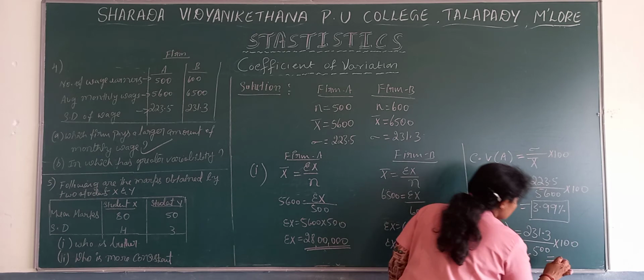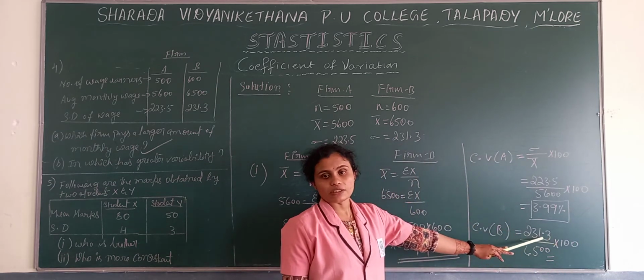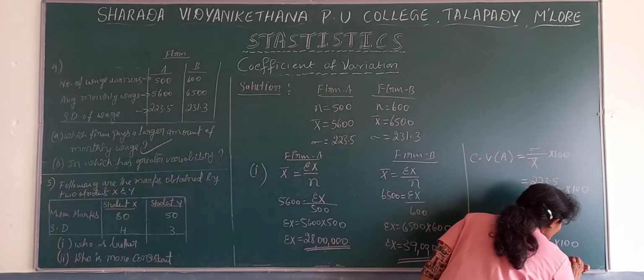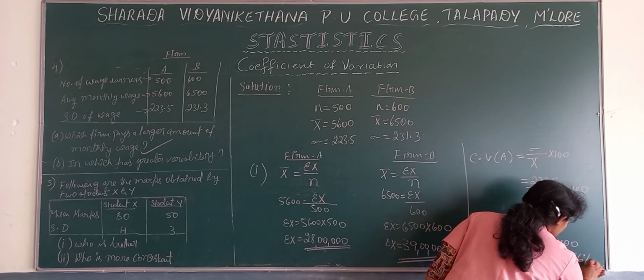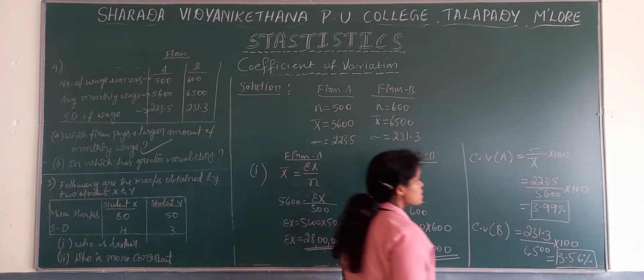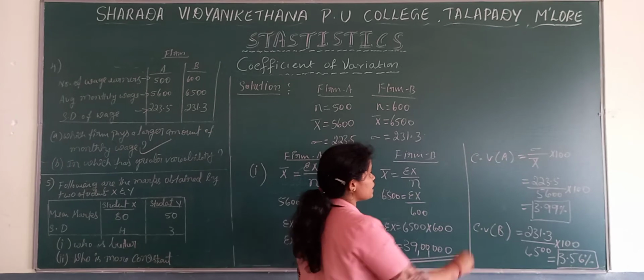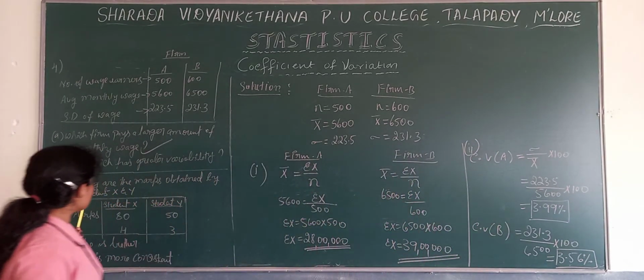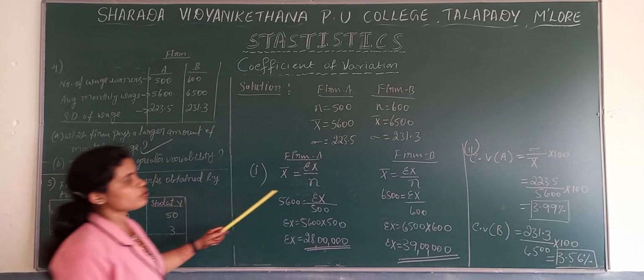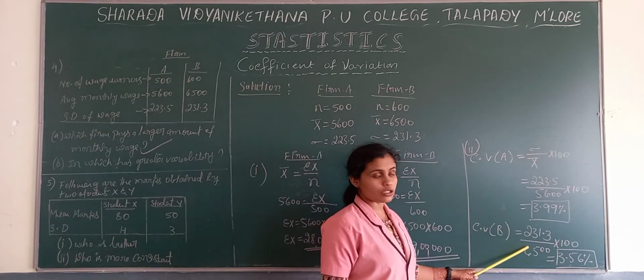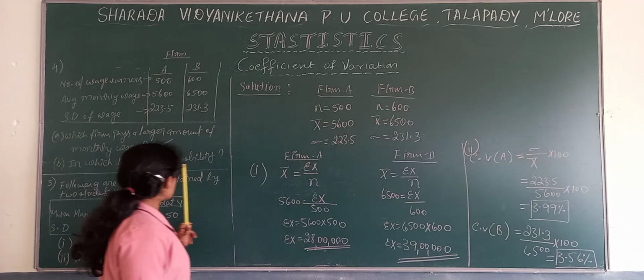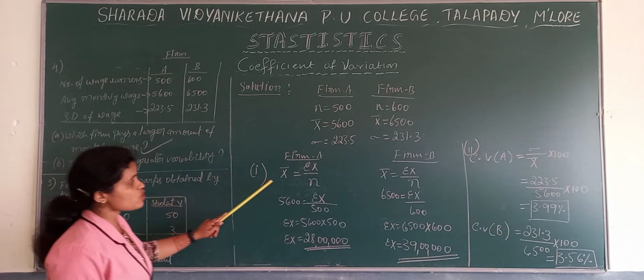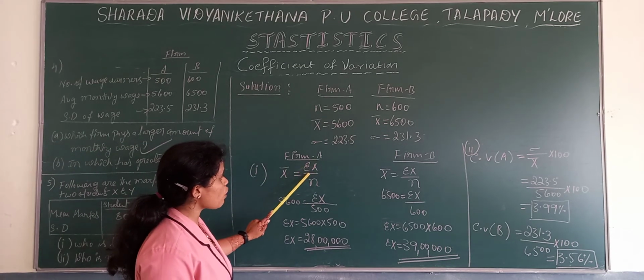When you do so, for firm B you get CV as 3.56%. So this is about the CV of companies A and B. The second question, which has greater variability, means we need to find the CV, the coefficient of variation, and which pays more wages means we need to find the total number of wages.